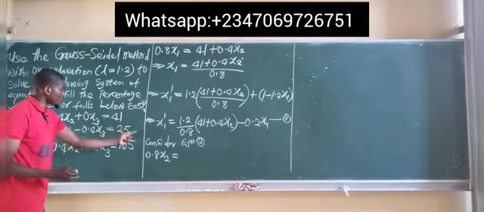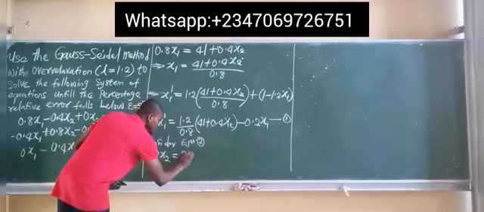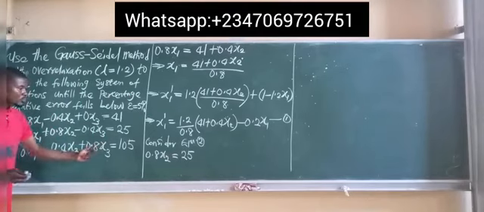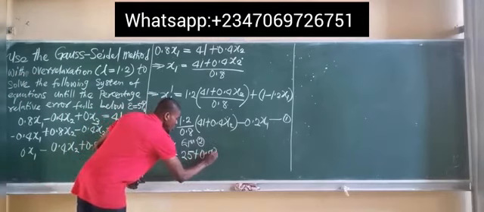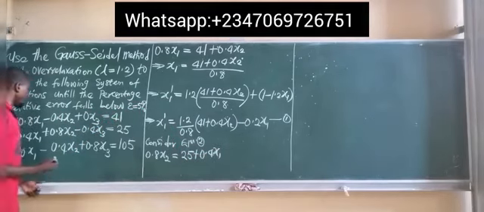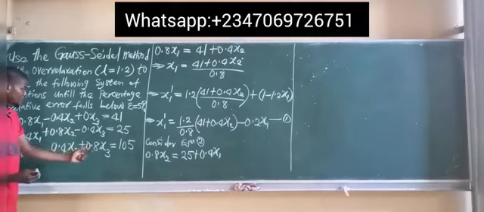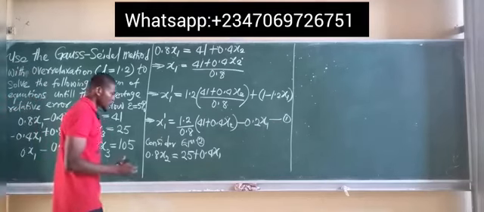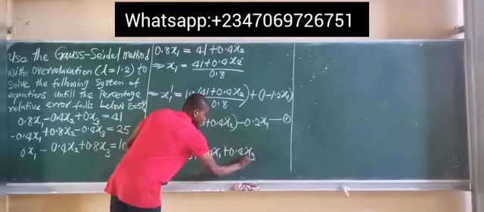But remember, in this equation, we have 25 on this side. You put it out, 25. Then again, this is minus 0.4 x1. Negative sign crossing the equal sign becomes positive. So you simply have plus 0.4 x1. And you also have here minus 0.4 x3. Negative sign crossing the equal sign also gives us positive. So we have plus 0.4 x3.